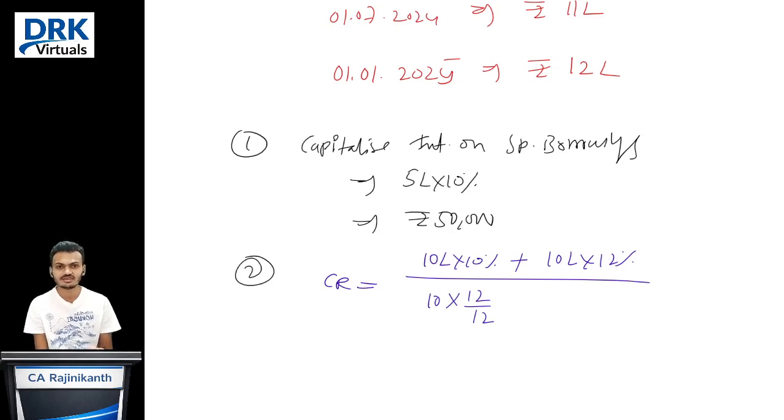If they are not outstanding for the entire financial year, we should take weighted average in terms of months. In our previous example, I said that suppose debentures were issued on 1st July, it means they are outstanding for 9 months. We should take 9 by 12. Clear? Don't forget that. That is very important. And next, 10 into 12 by 12. So this, as usual, capitalization rate will become 11%. That we have already solved in the previous question, right?